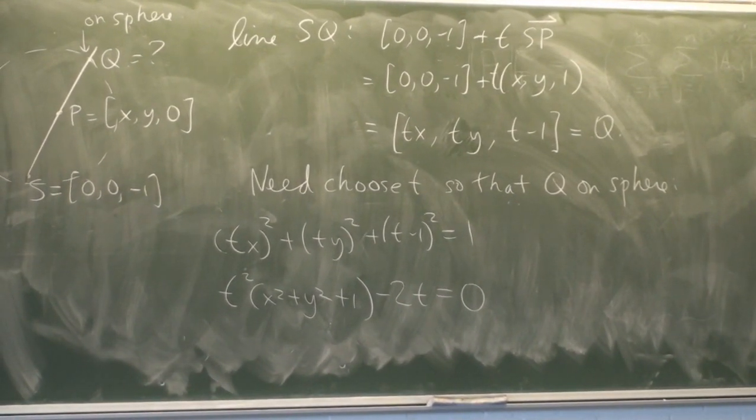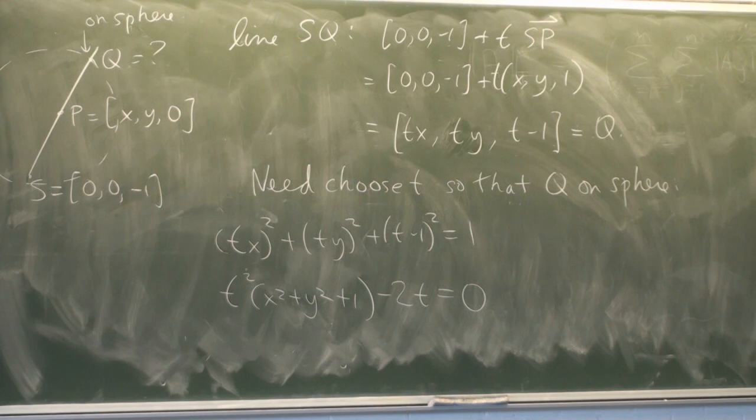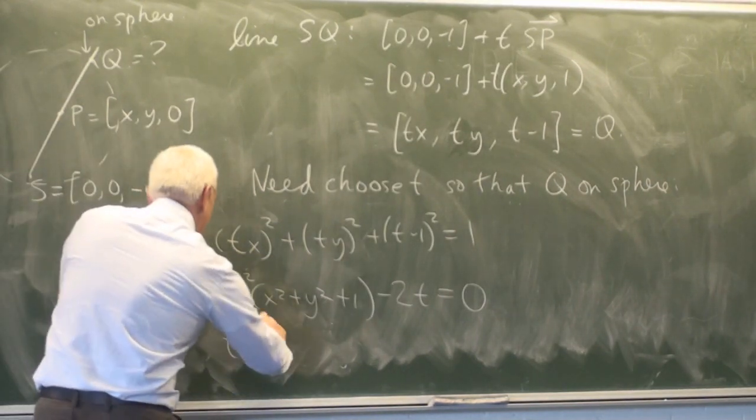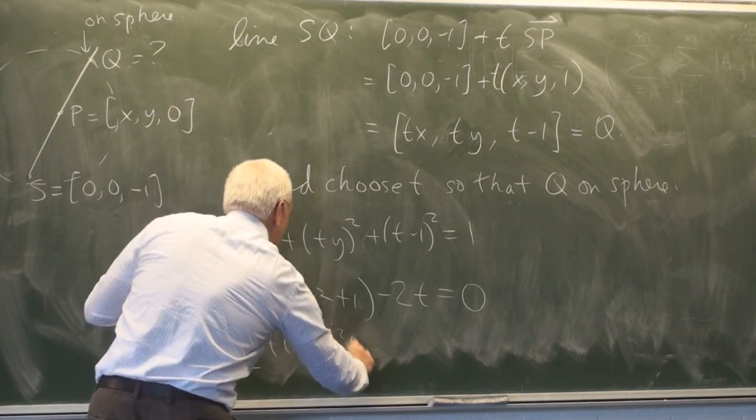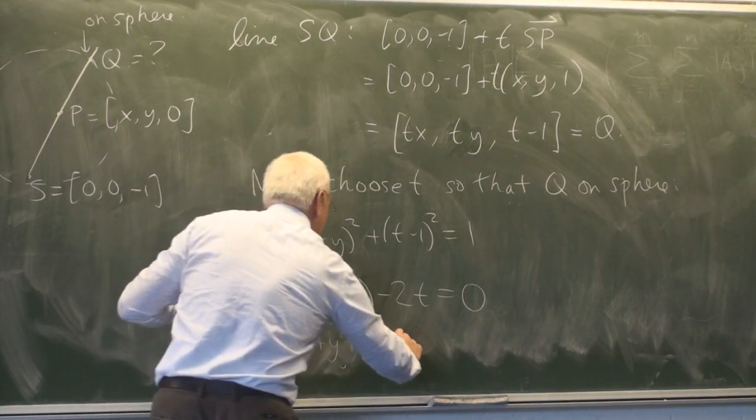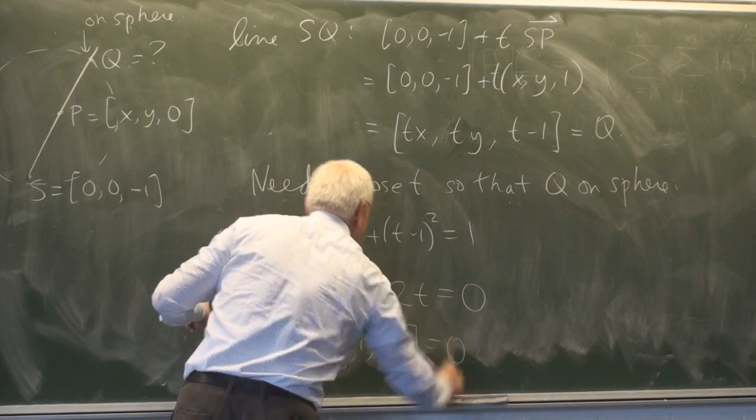It's a quadratic equation in t, and one of the solutions is t equals 0, because t is a factor. That's no surprise, because that's just the point S, which is also on the sphere. So this factors as t times (x squared plus y squared plus 1) minus 2 equals 0.